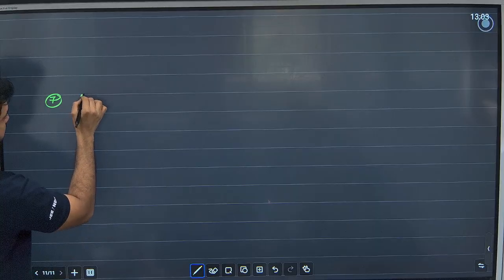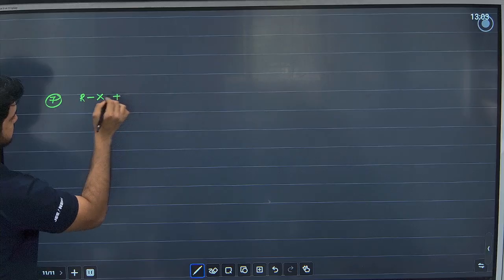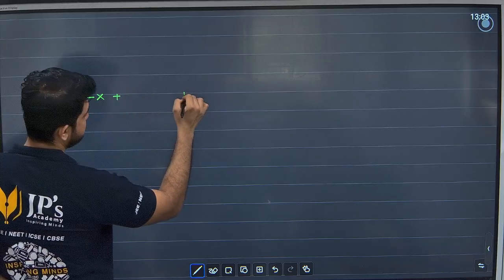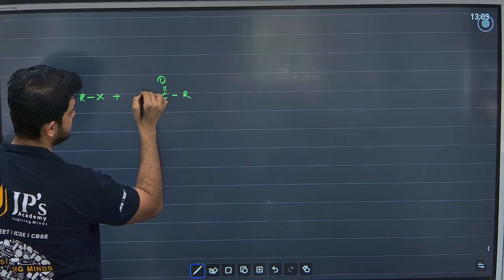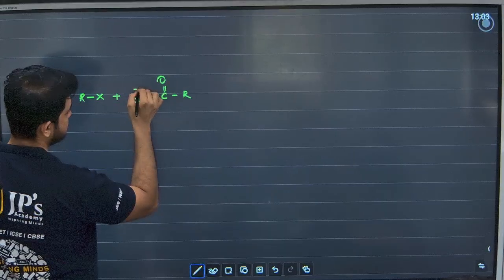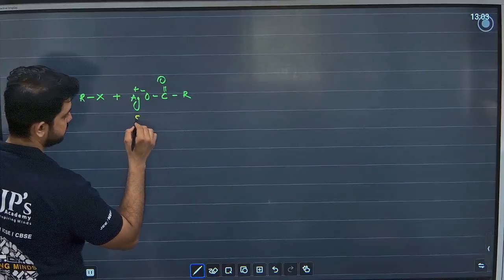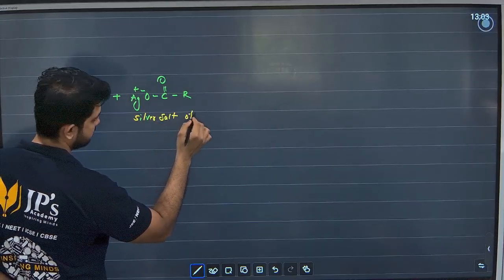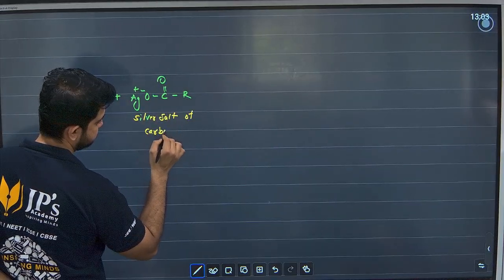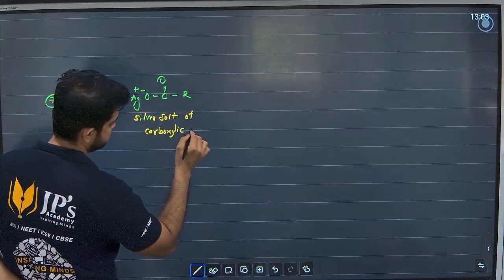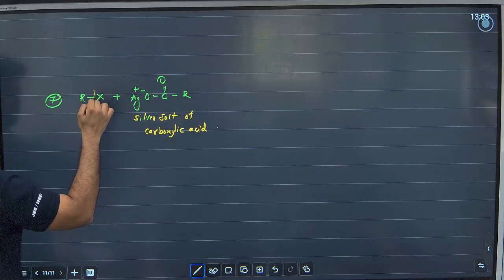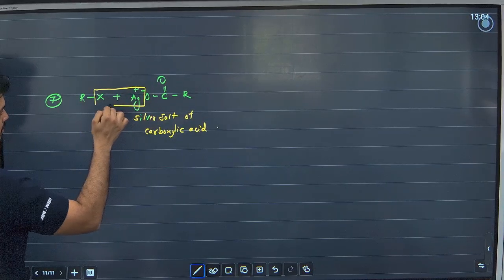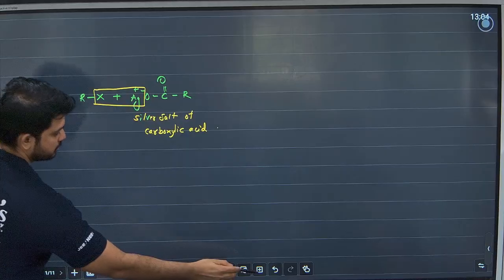RX plus same silver salt of carboxylic acid. क्या मिलेगा पीपल यहाँ पे? ठीक है, चलो बेटर बॉक्स बनाते.